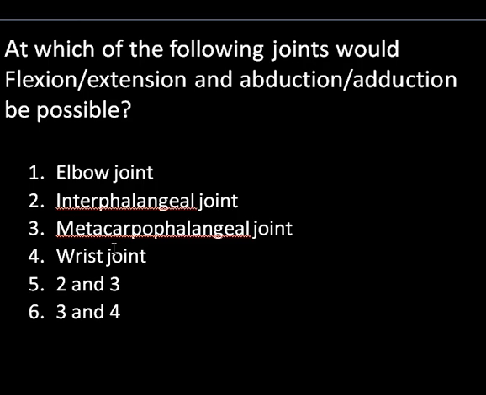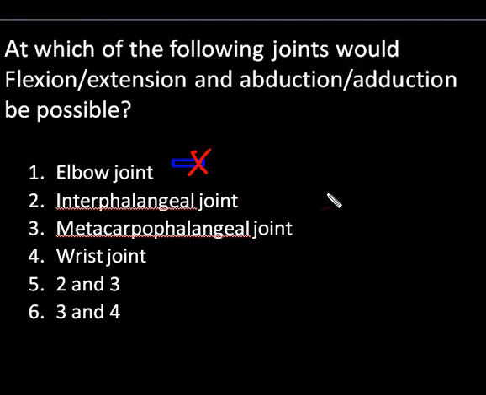Now the elbow joint is a hinge joint. So the elbow joint is not capable of, there is only the movement of flexion and extension. So hence this one does not allow you to do abduction, adduction.